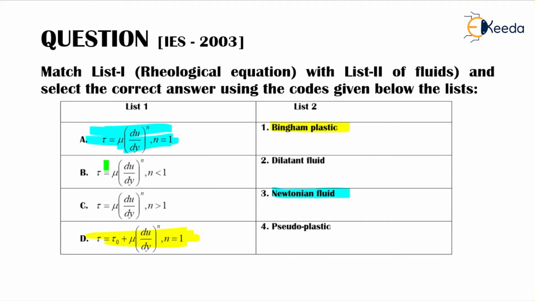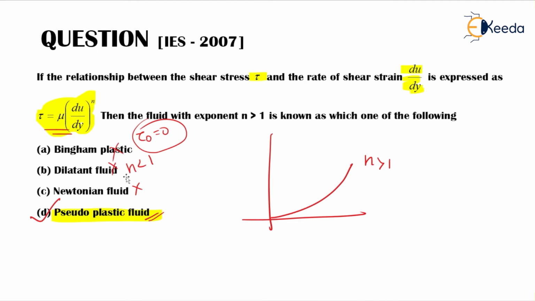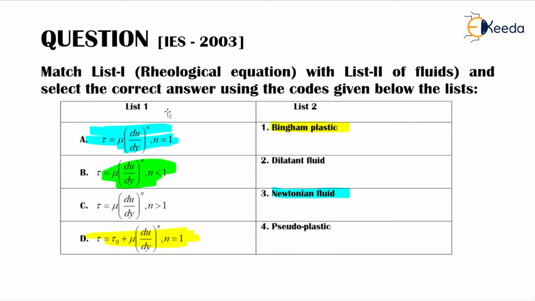Now this tau is equal to this value, but n is less than 1. How can we relate it? Just now we have seen this problem. N less than 1 is a dilatant fluid, and n greater than 1 is a pseudoplastic fluid. So we can directly relate: n less than 1 means dilatant fluid, and n greater than 1 means pseudoplastic, right?